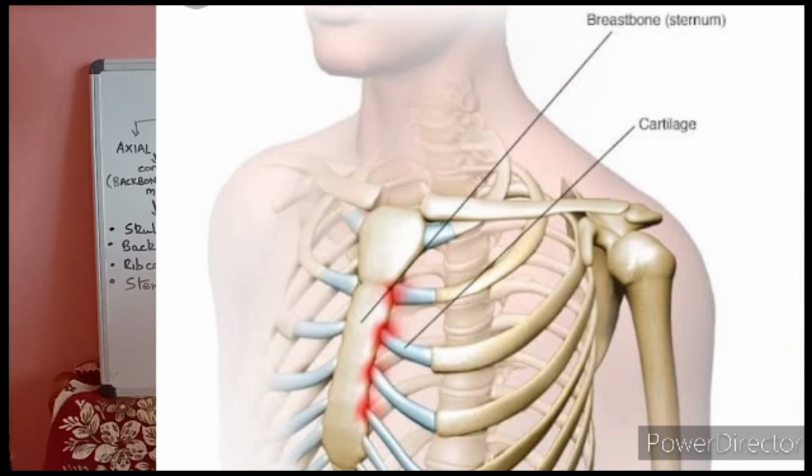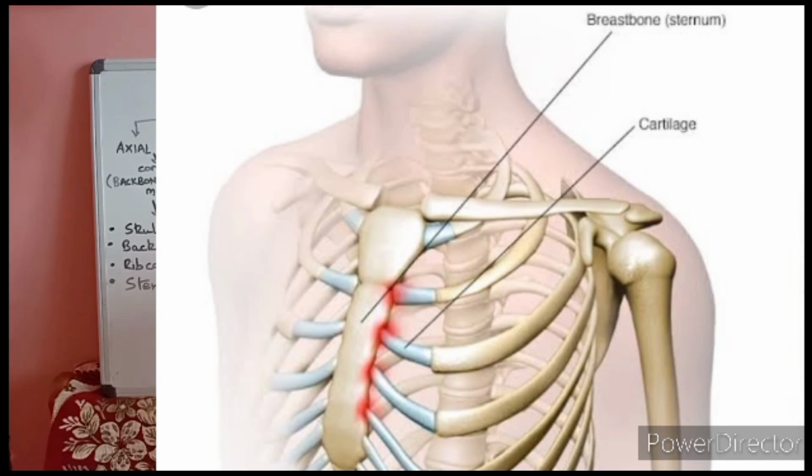The 12 thoracic vertebrae, the 12 pairs of ribs and the sternum form the thoracic region, which protects the delicate and vital organs of your thoracic cavity, that is your heart and your lungs.